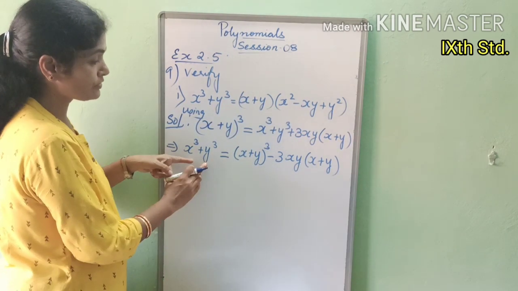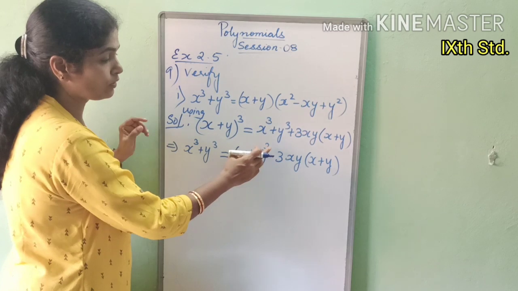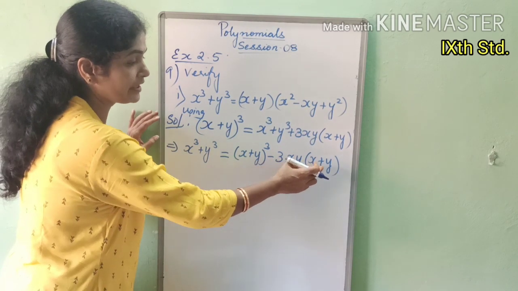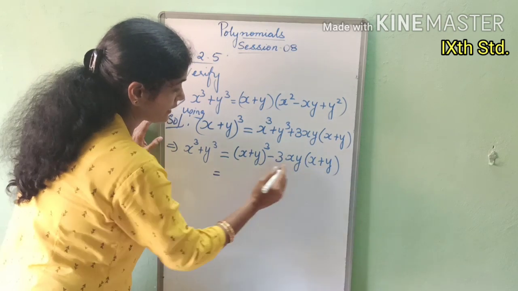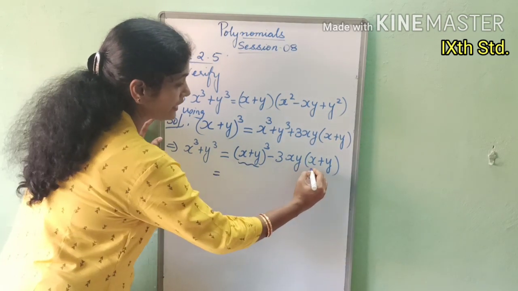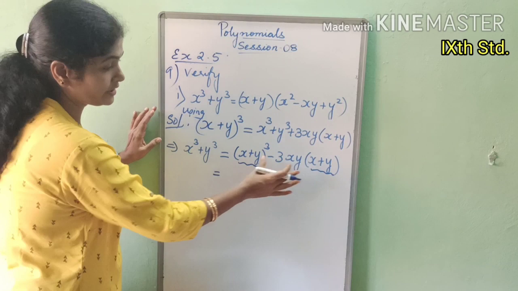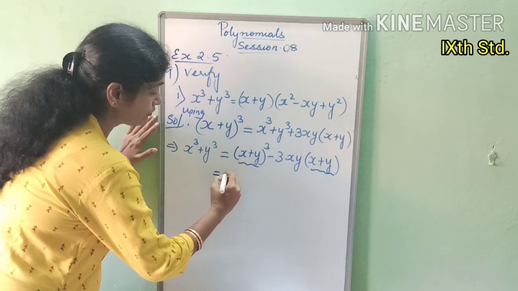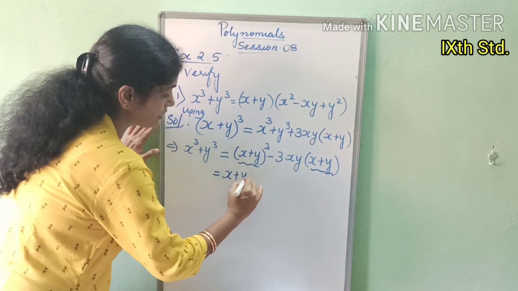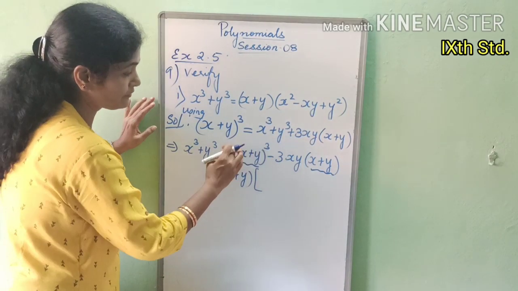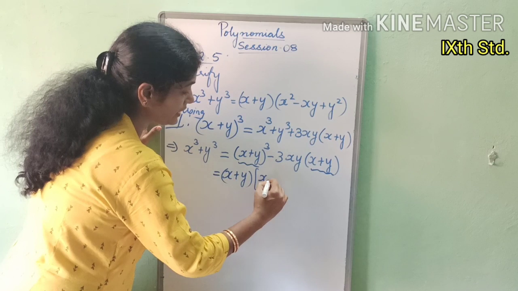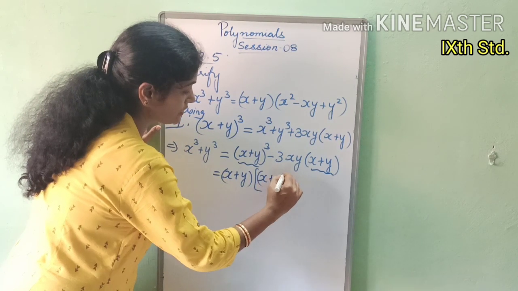So x cube plus y cube is equal to (x plus y) whole cube minus 3 into xy into (x plus y). Now look, in this whole thing, x plus y is common in both the terms. So we will take out that common term x plus y. If we take out x plus y from these two terms, in the first term what is remaining? Remaining is (x plus y) whole square.